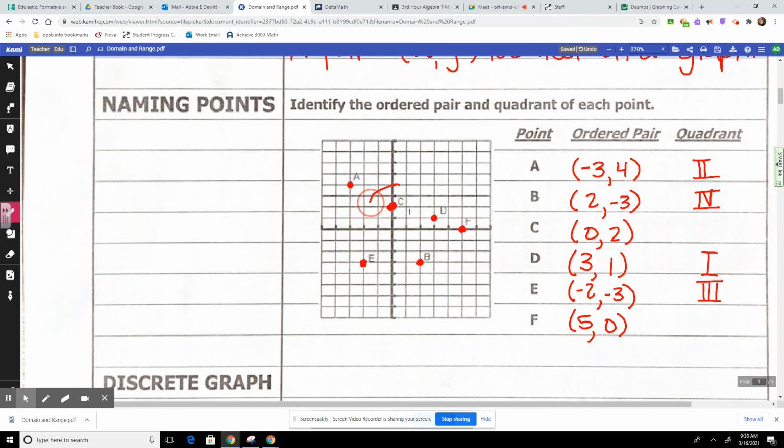Now these 2 points, point C and point F, neither one of those lie in any quadrant. They lie on the axis. So right here for point C, you would say it falls on the y-axis. And then point F, it falls on the x-axis. So your points will either fall in a quadrant or on an axis.